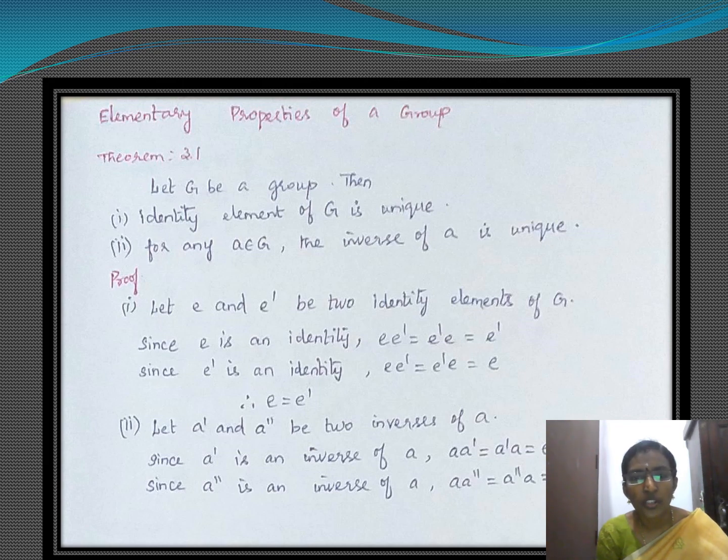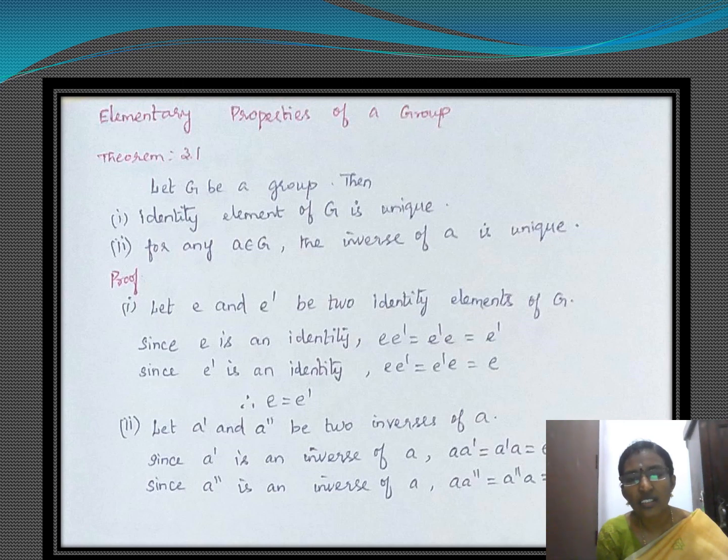unique. To prove this, let me start with two identity elements, that is E and E dash, be two identity elements of G. Suppose E is an identity element. Then from the definition of E, we get the property E dash equals E dash E equals E dash.